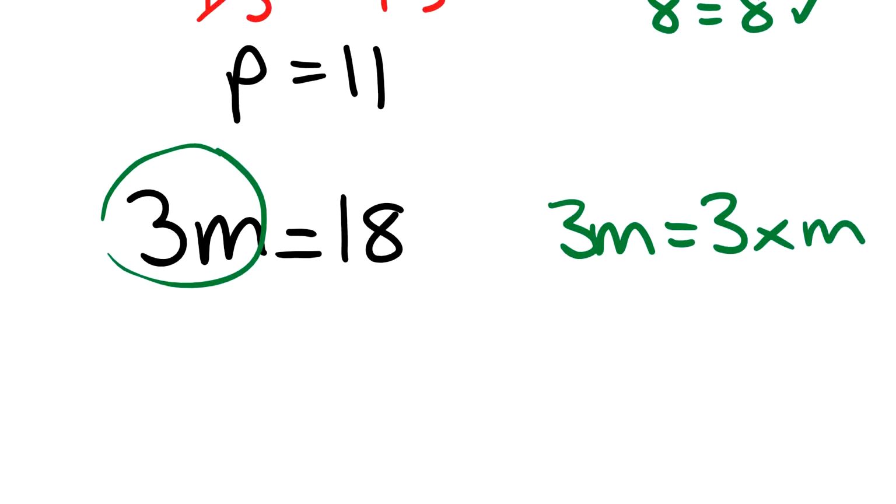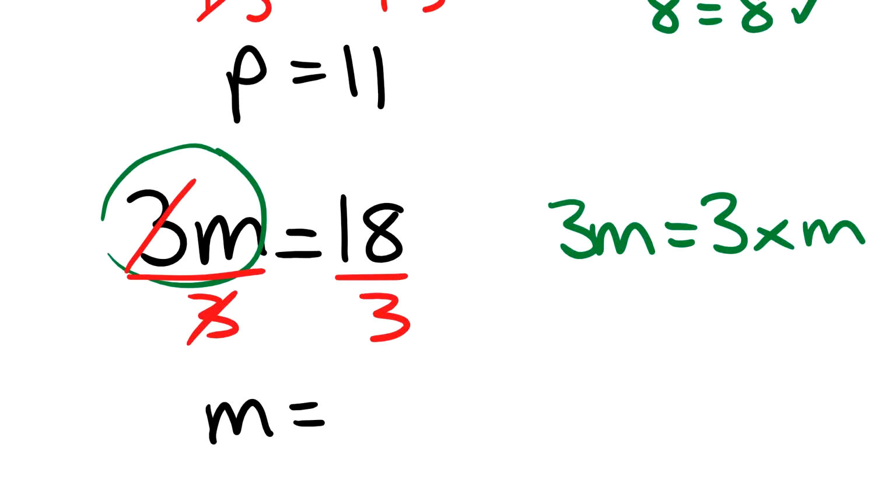I know that 3m is 3 times m, and the inverse of multiplication is division. So what I could do is go divided by 3, and we can show that as a fraction. Those 3s are going to cancel out, and m remains. Then we have 18 over 3, or 18 divided by 3, which ends up being 6.